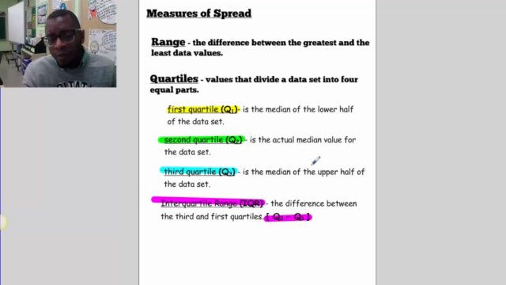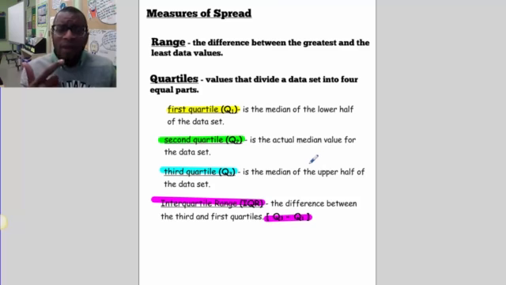Okay, and so the first thing we want to talk about is the range. And the range is the difference between the greatest and the least data values. So when we're talking about measures of spread, we also want to put our set of data or our data values in numerical order.